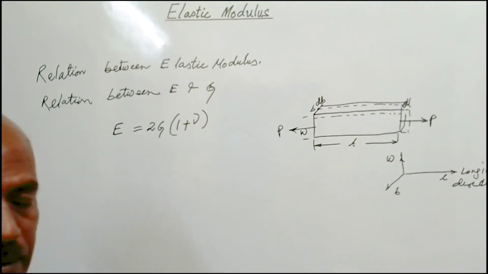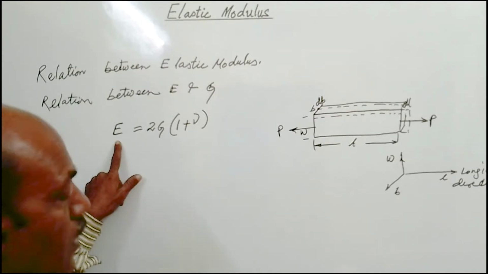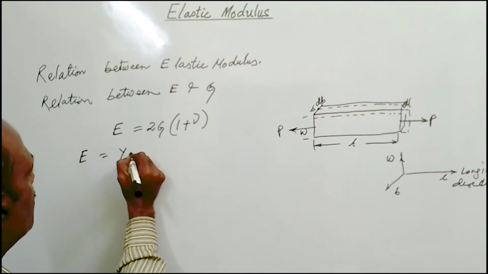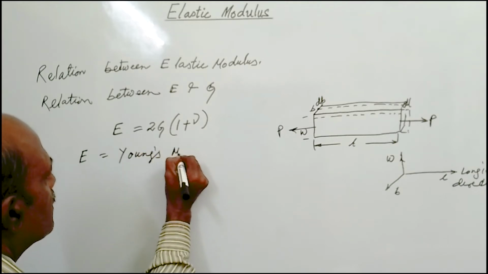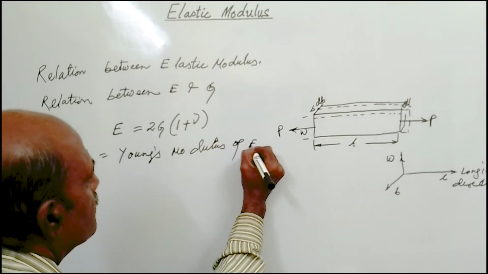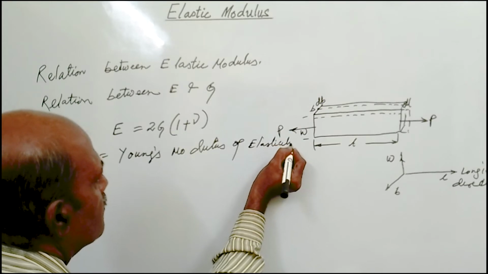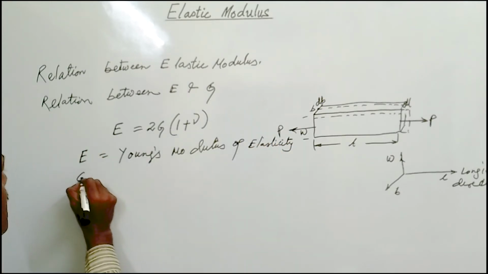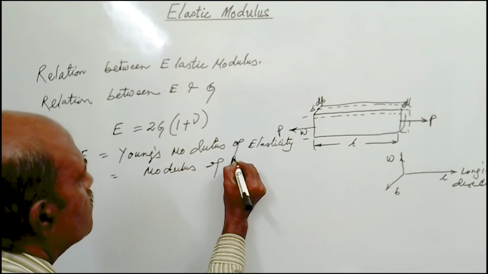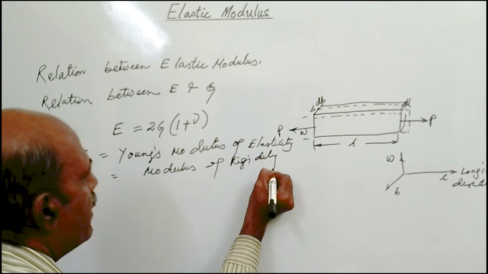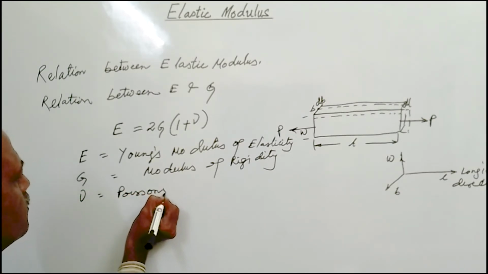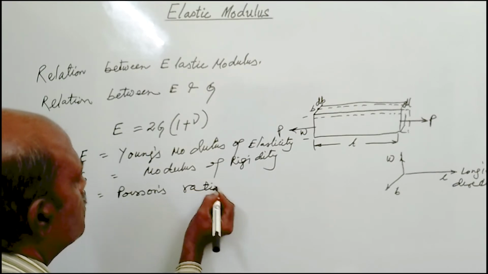So this is the relation between Young's modulus of elasticity and modulus of rigidity, where E is equal to Young's modulus of elasticity, G is equal to modulus of rigidity, and nu is the Poisson's ratio.